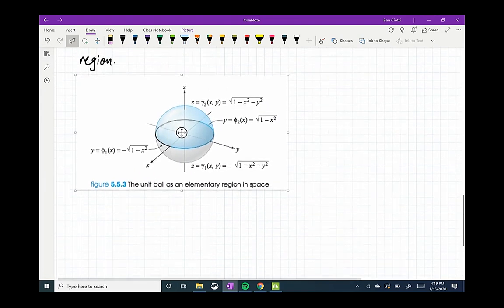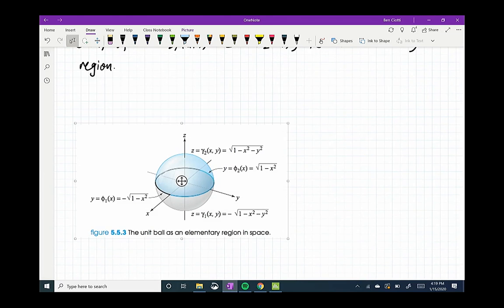All right, so I'm going to first do an example to show that the ball is an elementary region. So consider the unit ball B. What's the difference between the unit ball and the unit sphere?